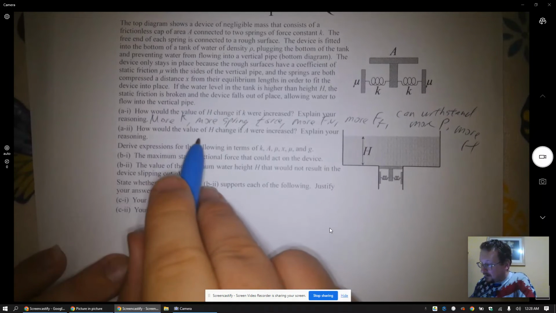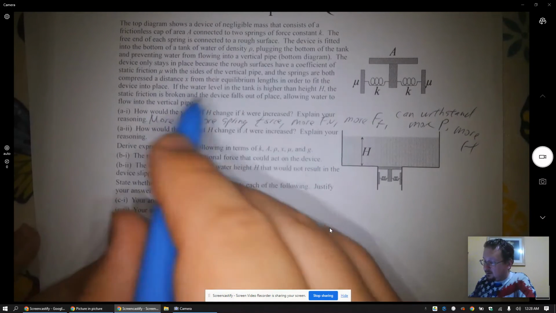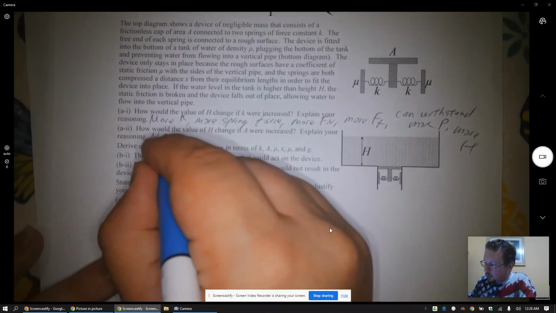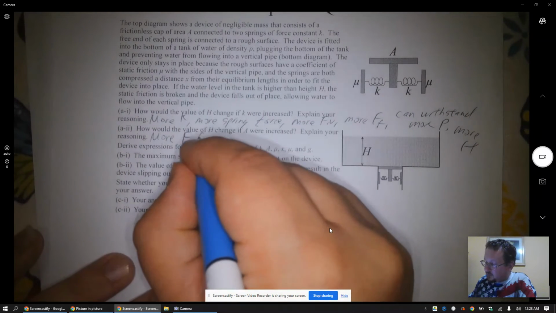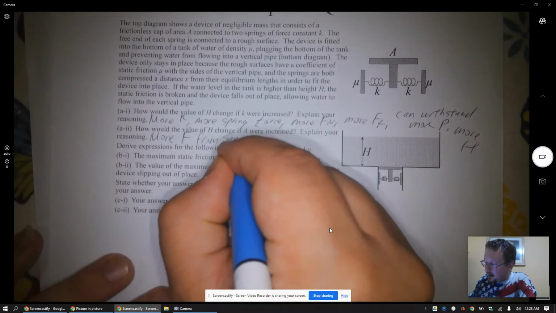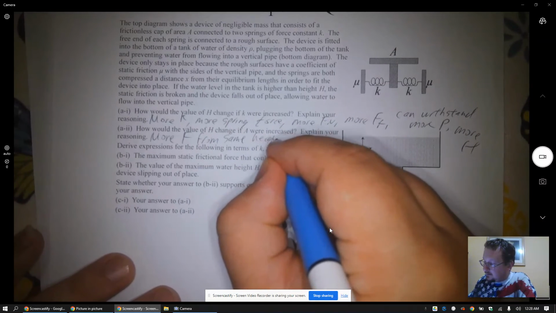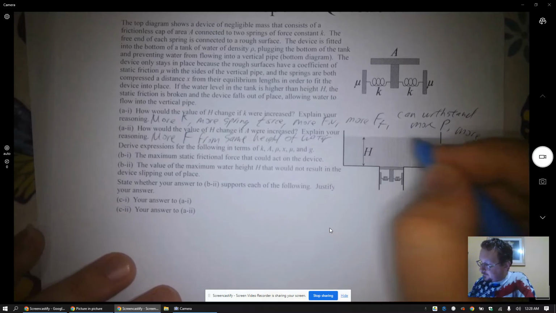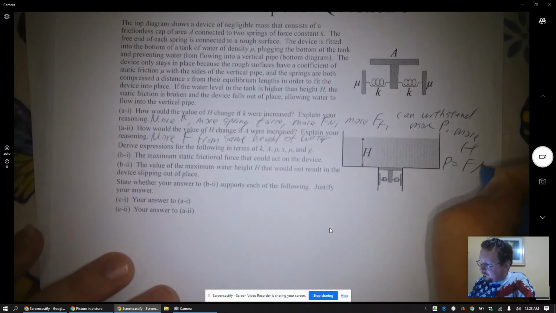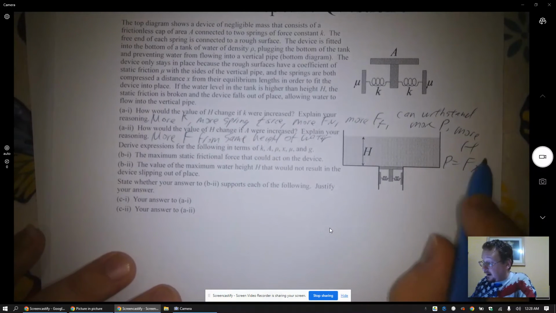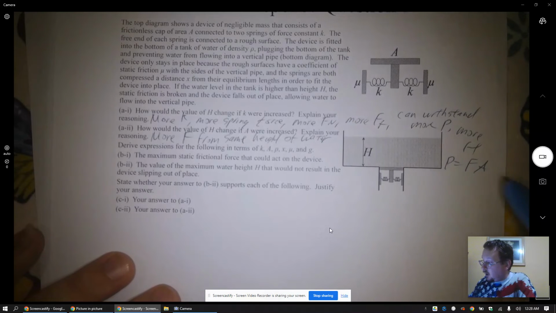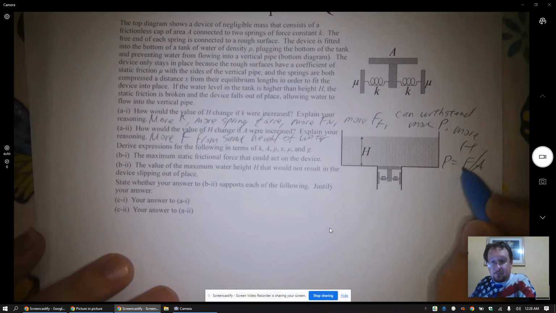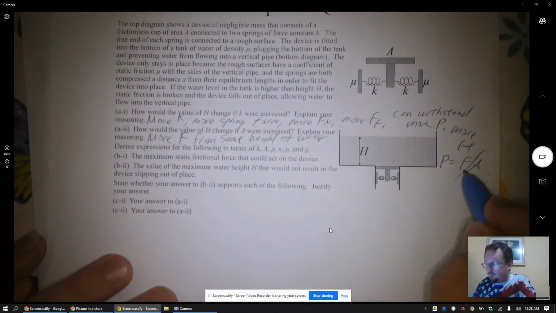Okay, how would the value of h change if A were increased? Well, then you would have more force from the same height of water, right? Because pressure equals F over A. So if you have more area, you have more force, right?